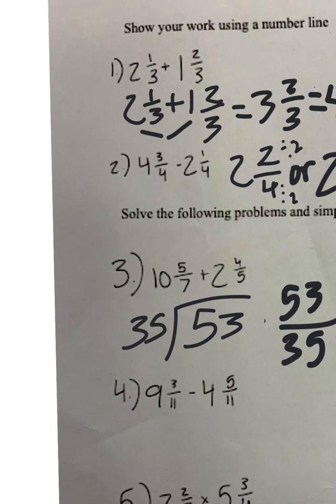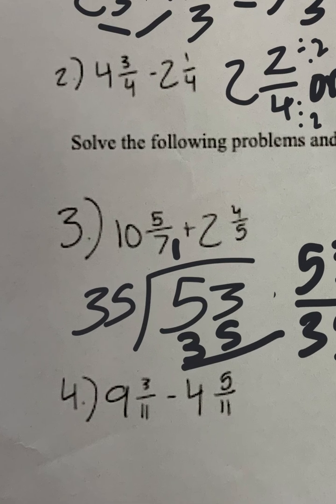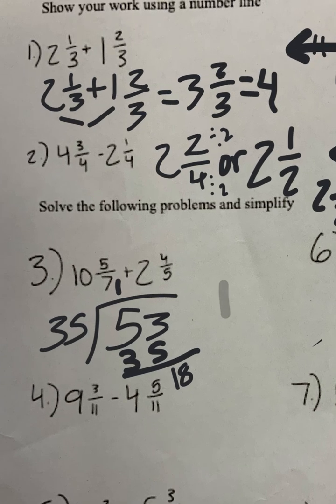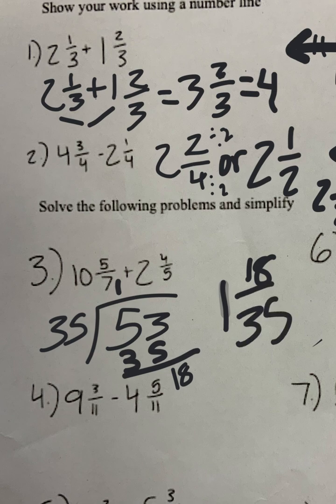So 35 goes into 53 once. Remainder of 18. So our new fraction is 1 18/35.